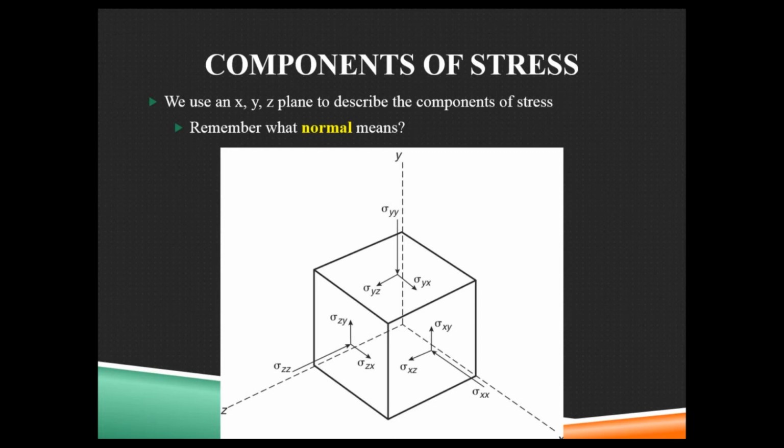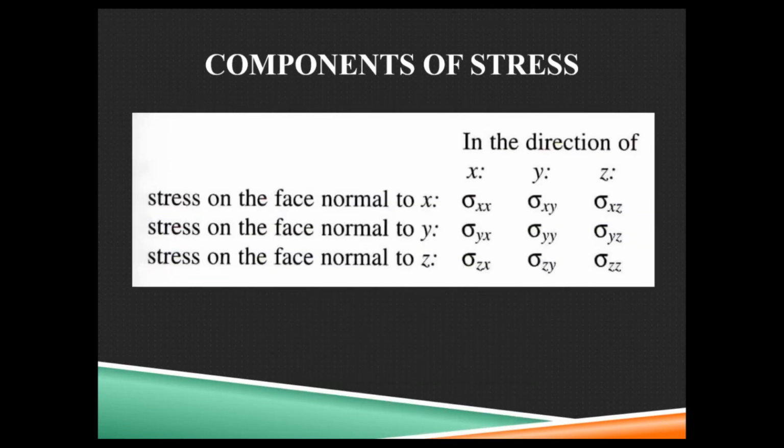Those components will have these labels because they'll be in the X, Y, and Z directions. And the cube here is our object that all the stress is happening to. We can make a little diagram or a little table showing the 9 bits of stress that are happening.